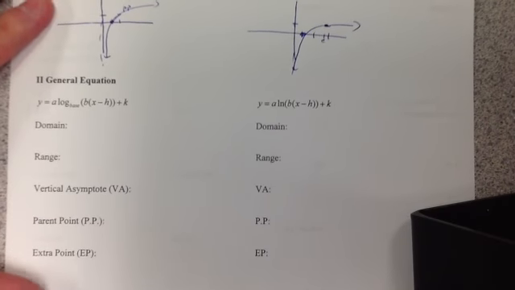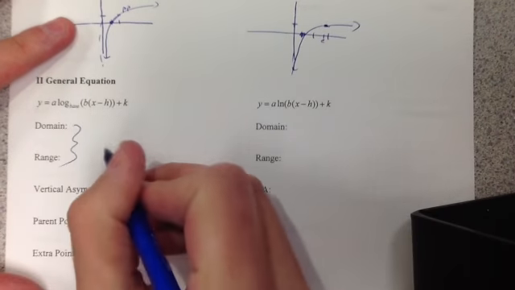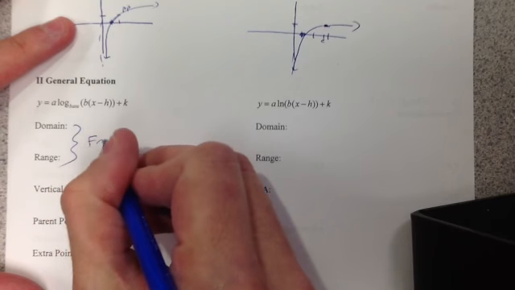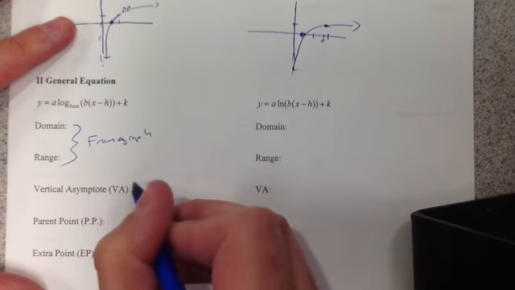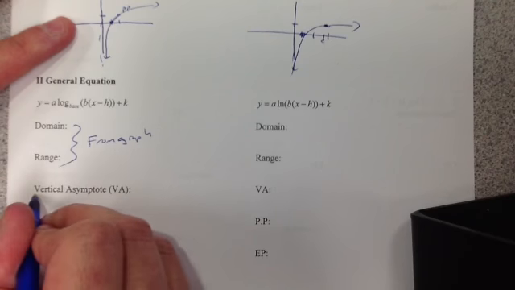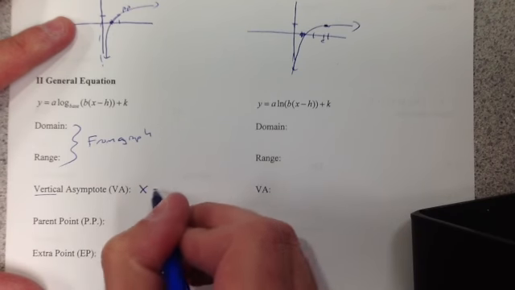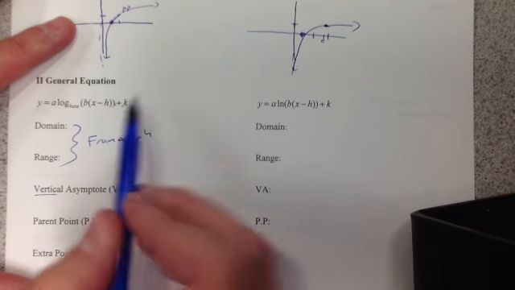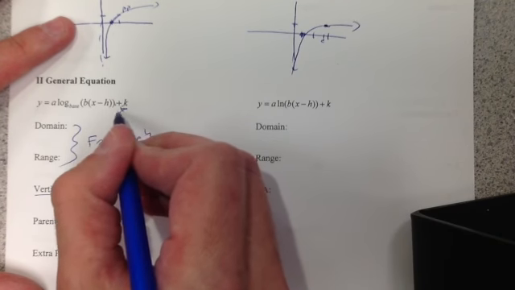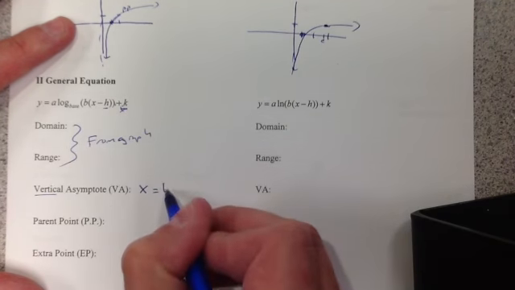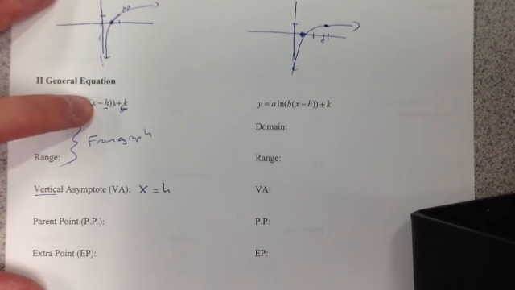So let's go ahead and look at the general equation right here. The domain and range, I never worry about those. These come from the graph. The vertical asymptote, it's vertical, so it's going to be x equals h. Yesterday it was y equals k, because that's my vertical shift. Well, we want a vertical asymptote, so it's going to be x equals h, my horizontal shift.